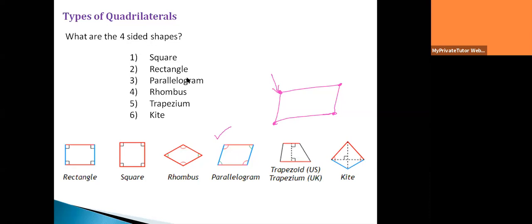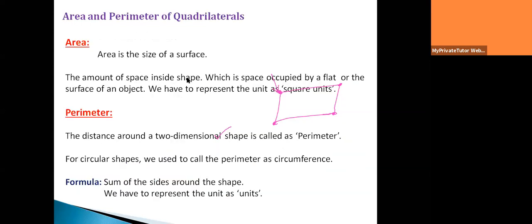Then, what is a square? Before that, this is how we find the area and the perimeter of a polygon or a quadrilateral. Area, specifically for a square or a rectangle, is side times side, and it is the total space inside a shape, right?